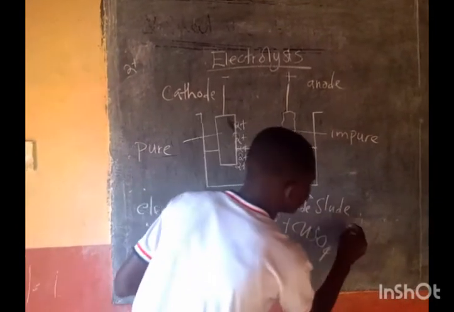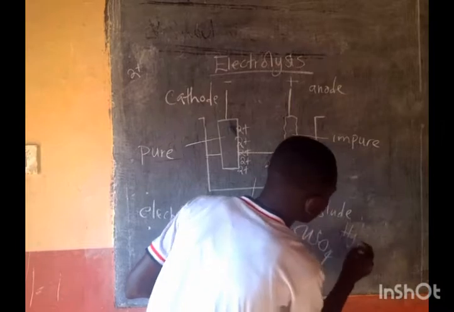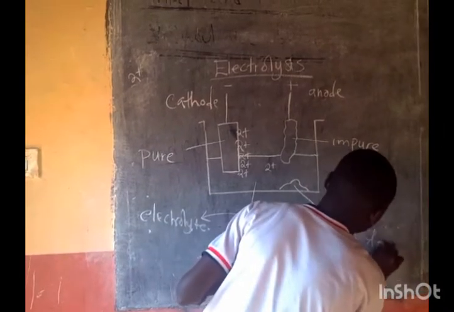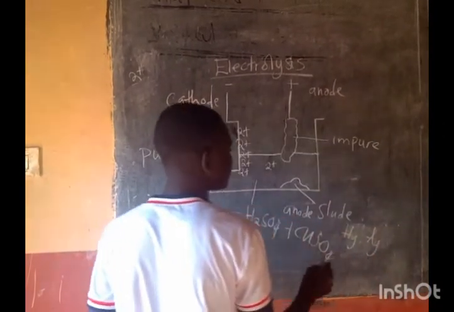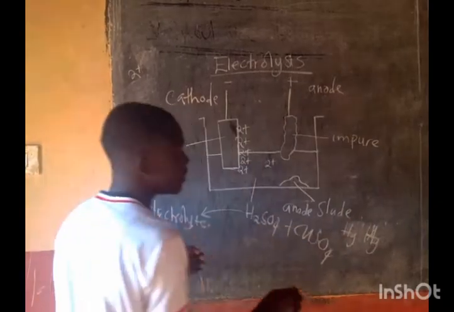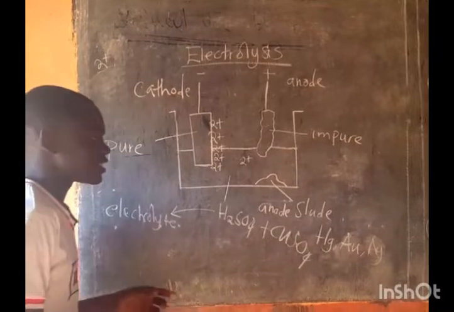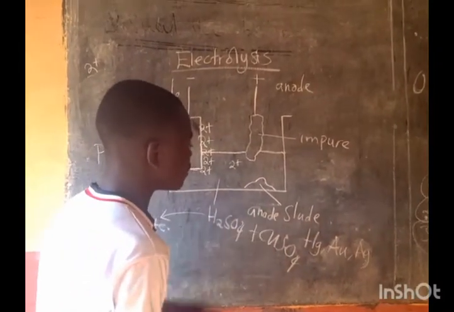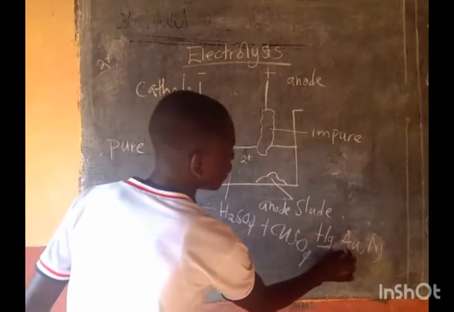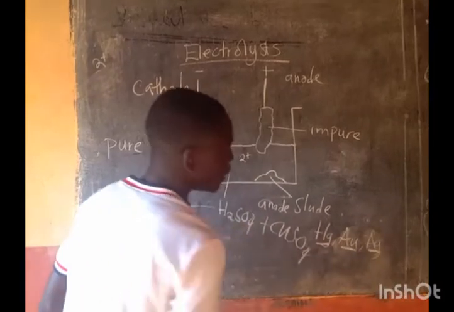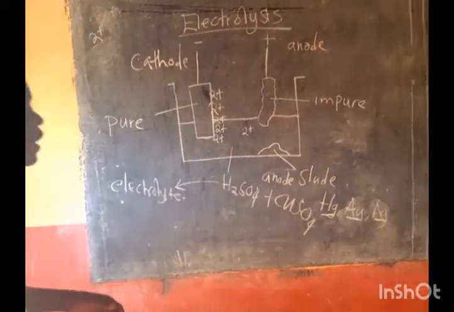The impurities that are found in the anode sludge are mercury, gold, silver, and platinum.